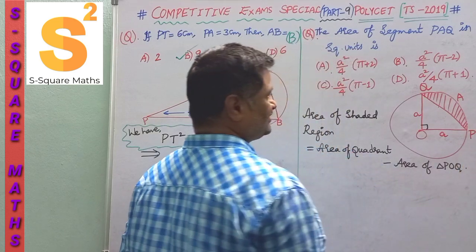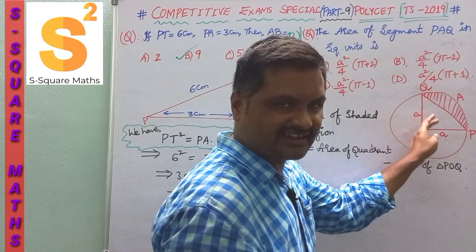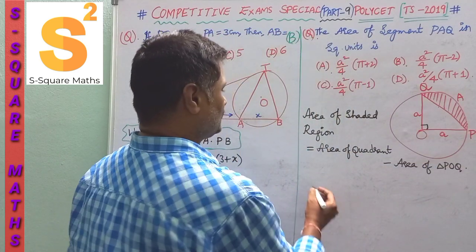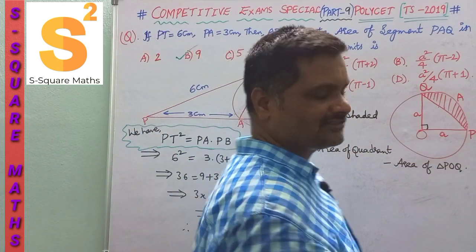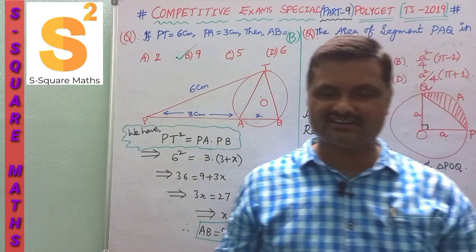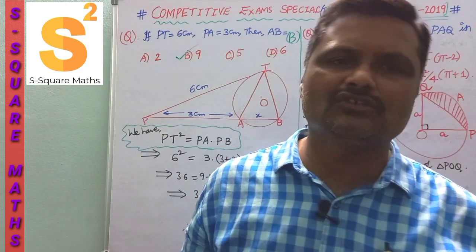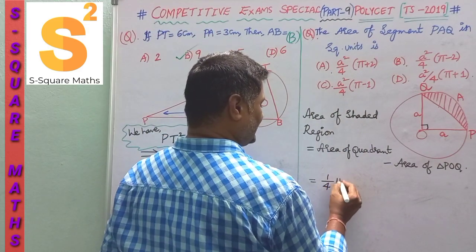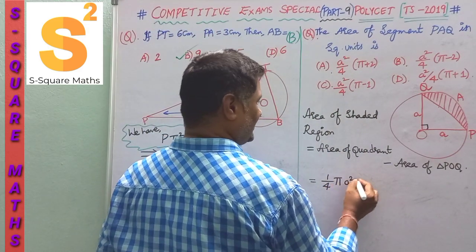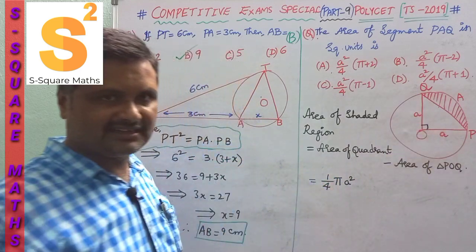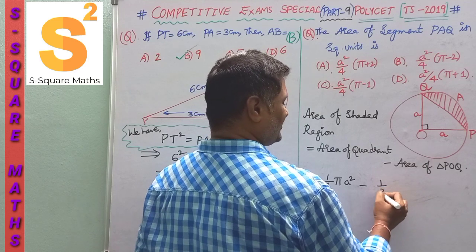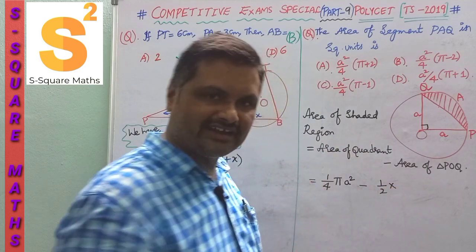Just simple. Total area minus triangle area gives you the area of shaded region PAQ. Area of quadrant is x by 360 into pi r square, where x is 90 degrees. So 1/4 of pi r square, where the radius is A. Minus the area of the triangle, half into base into height.